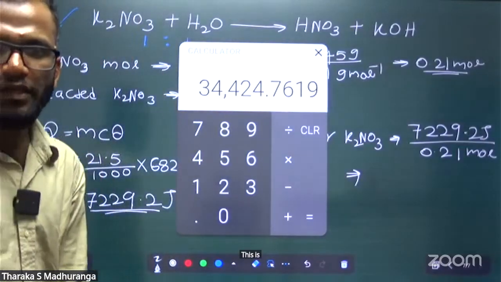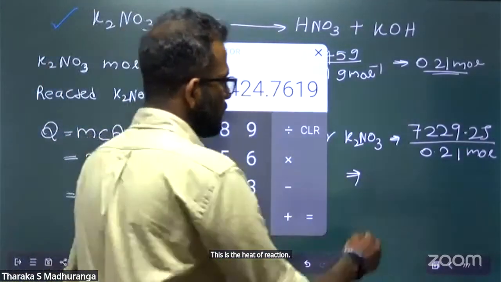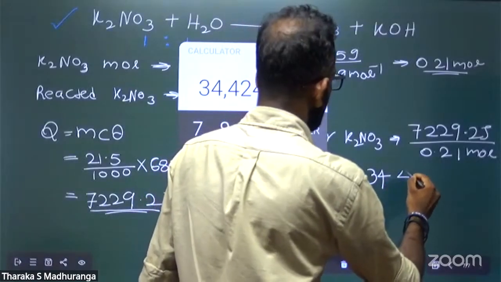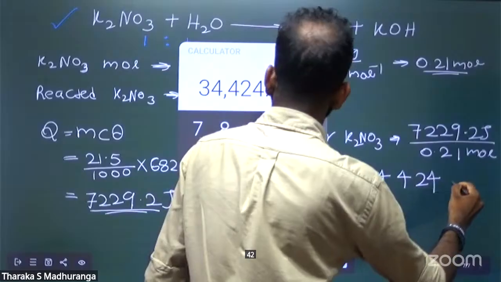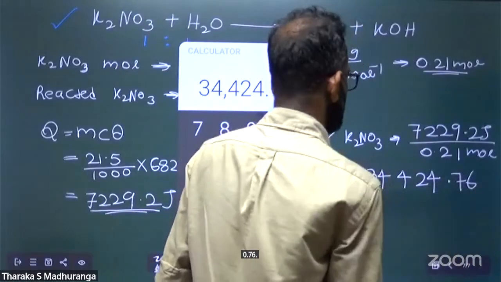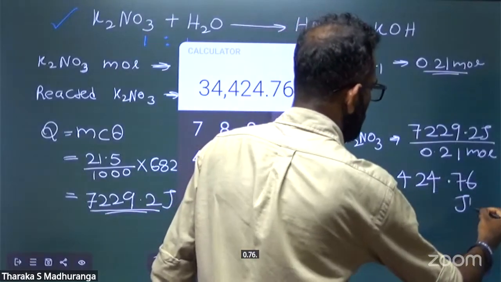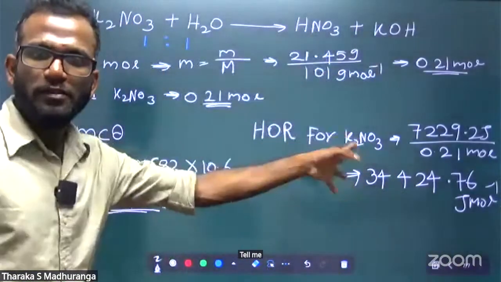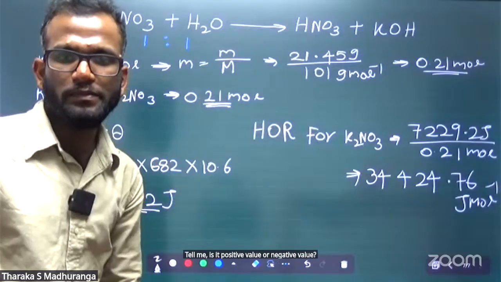This is the heat of reaction, 34,424.76 J mol minus 1. Tell me, is it a positive value or negative value?